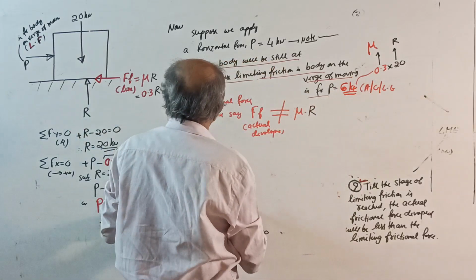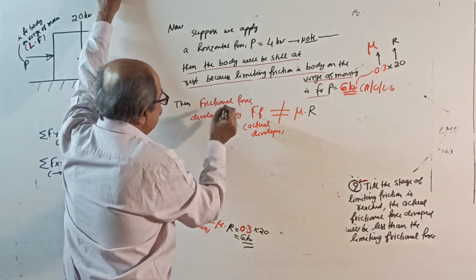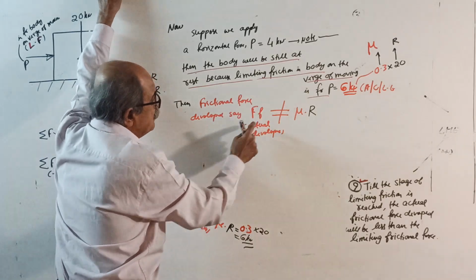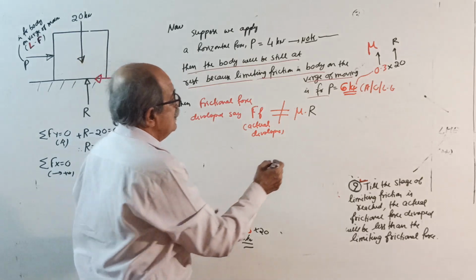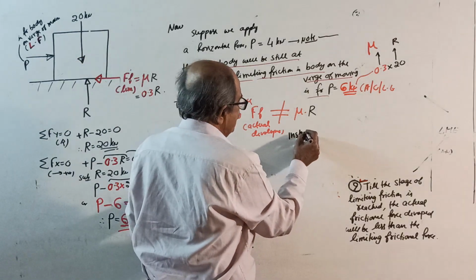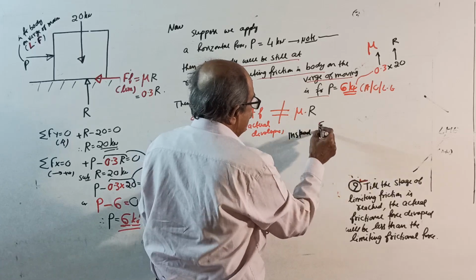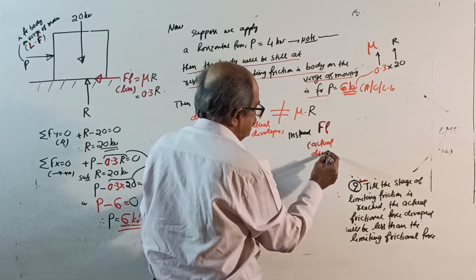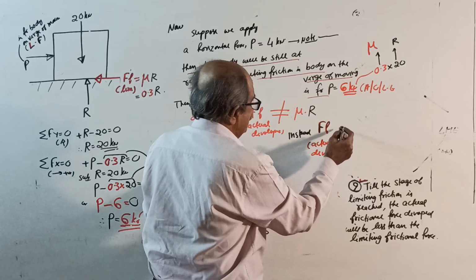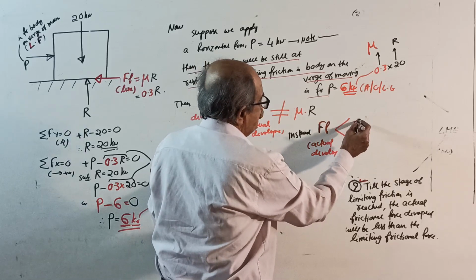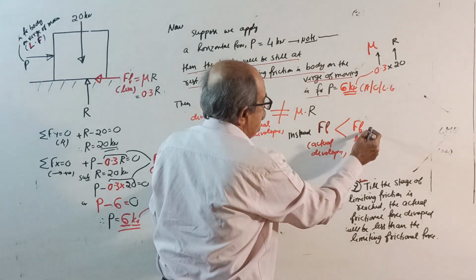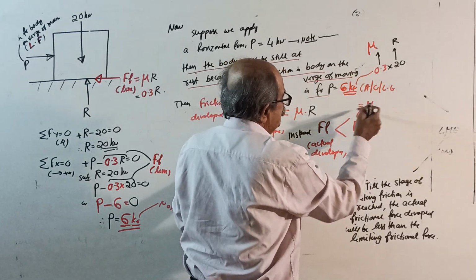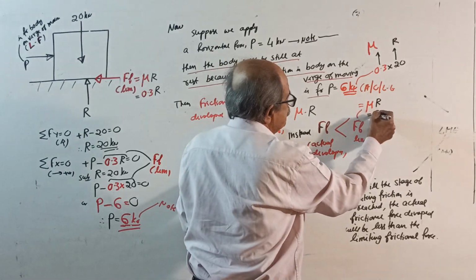Therefore, the frictional force actually developed, FF, is not equal to mu R. Instead, FF actual developed is less than FF limit, which is equal to mu into R, that is 6 kilonewton.